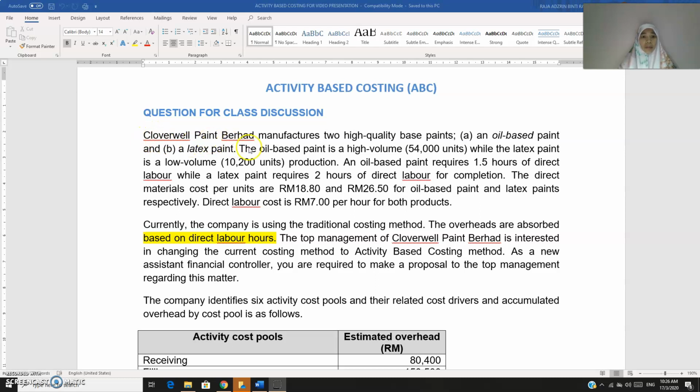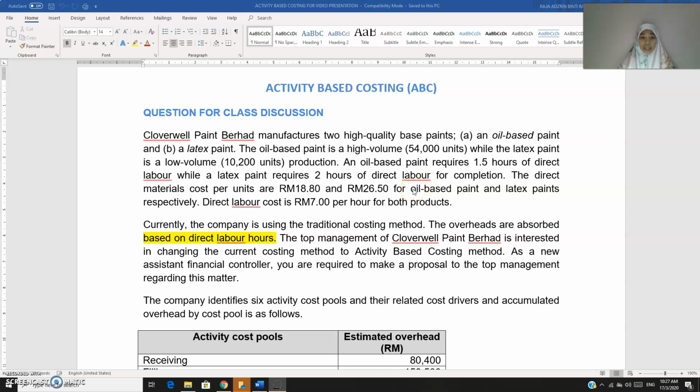Cloverwell Paint Berhad manufactures two high-quality base paints, an oil-base paint and a latex paint. The oil-base paint is high volume, while the latex is a low volume production. An oil-base paint requires 1.5 hours of direct labor, while the latex paint requires 2 hours of direct labor for completion.